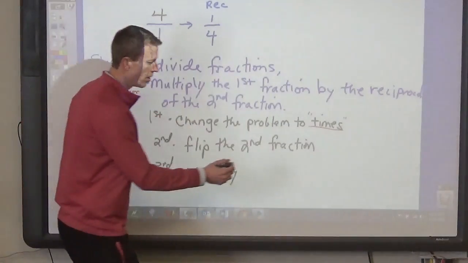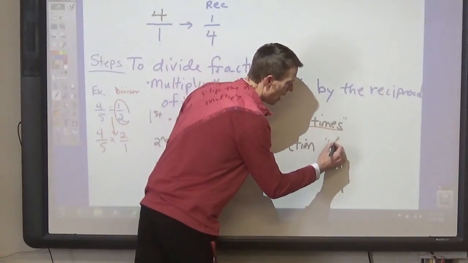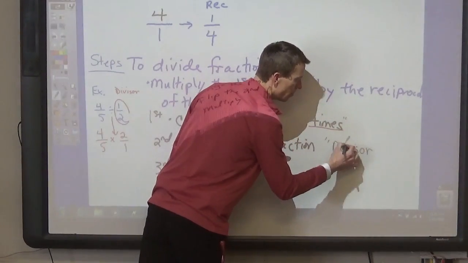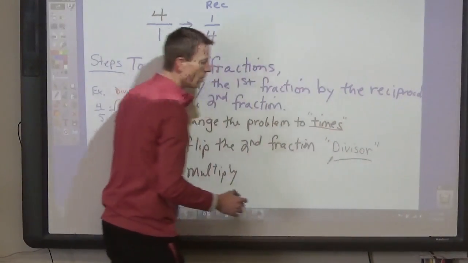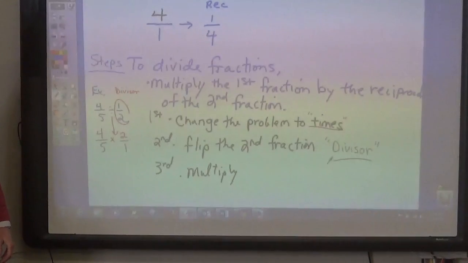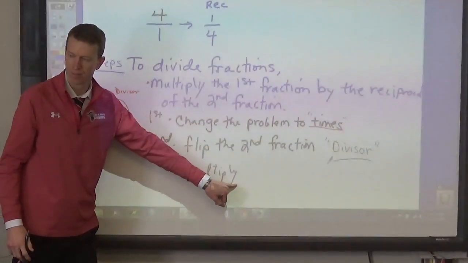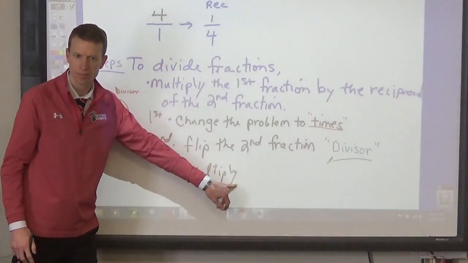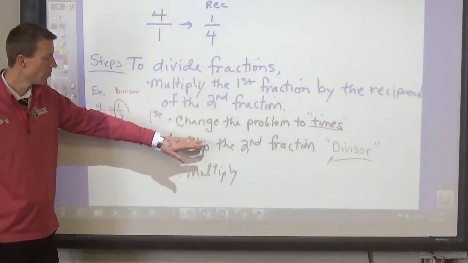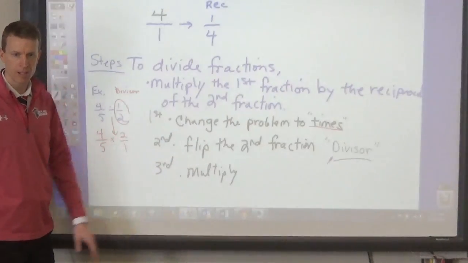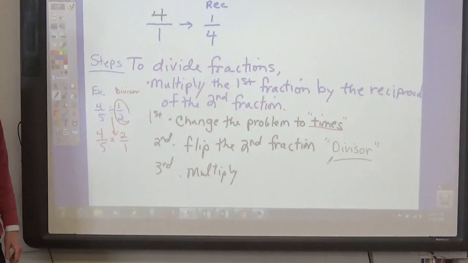The second fraction is the divisor in the problem. Okay? So you use the reciprocal of the divisor and then multiply to find the answer. Okay, does everyone have this procedure down? No. Everybody done copying this procedure? No. Okay, finish it up.